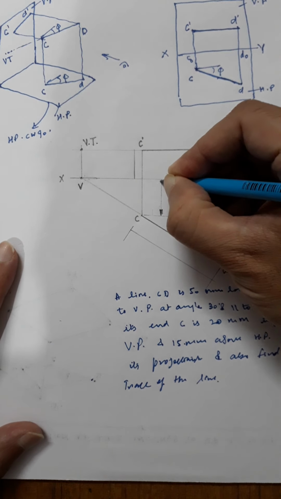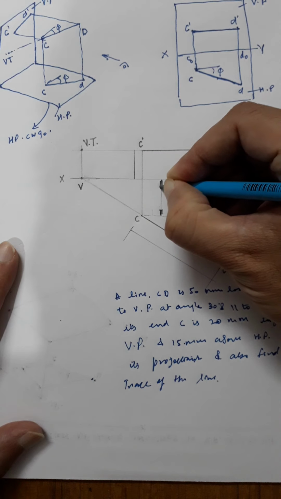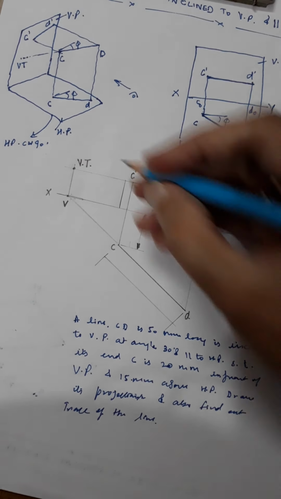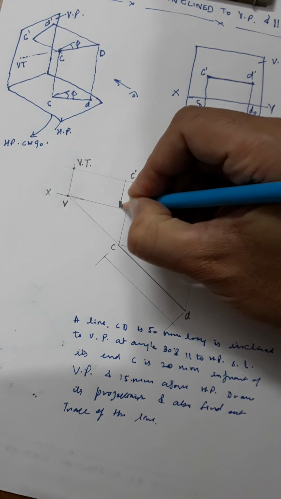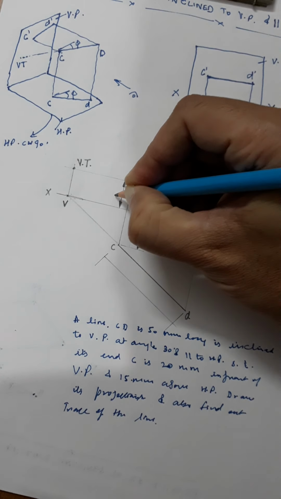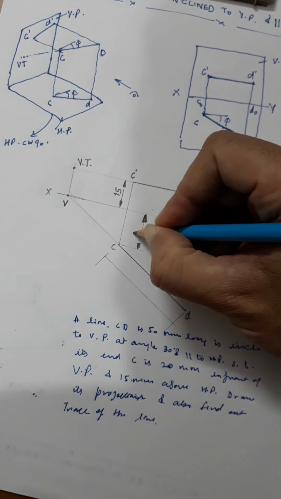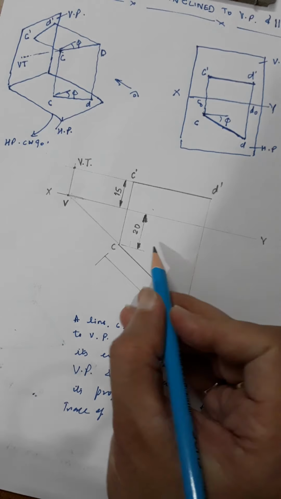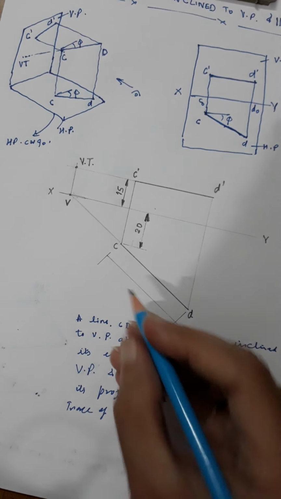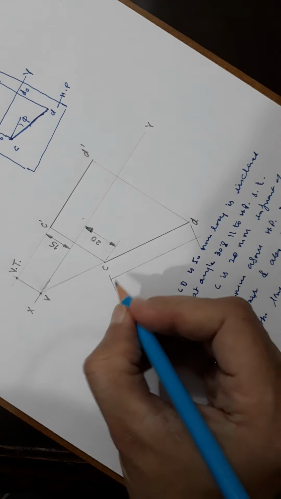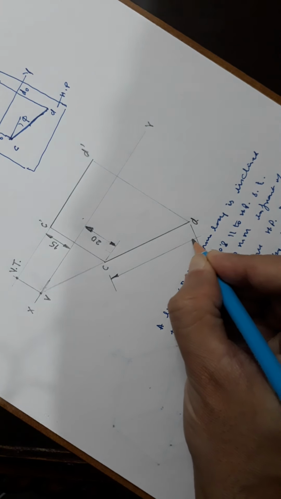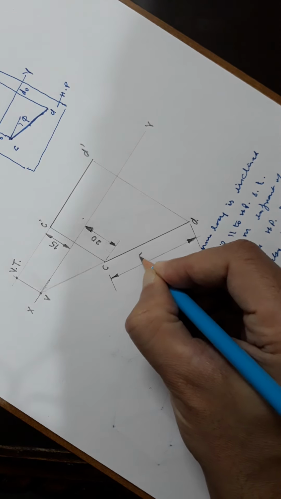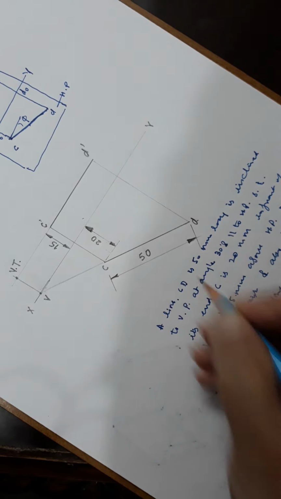Why am I placing these dimensions inside? Because otherwise they would cross these lines, and to avoid that you have to place them this way. I hope you understood it. Thank you.